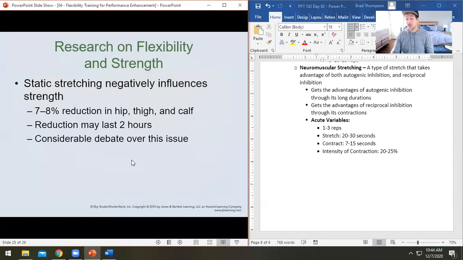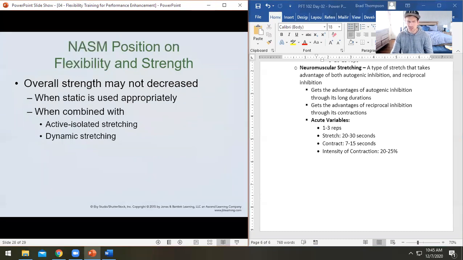But that's why we have active stretches. I'm not saying don't stretch. I'm saying don't do static stretches before heavy lifting. Active stretches haven't been shown to have this effect. Dynamic stretches definitely don't have this effect. So that's why we have static stretches in corrective exercise. We have active stretches in active exercise, and we have dynamic stretches in functional exercise.